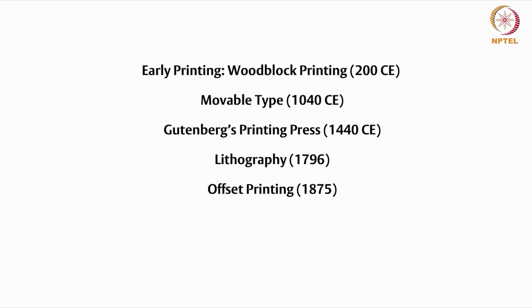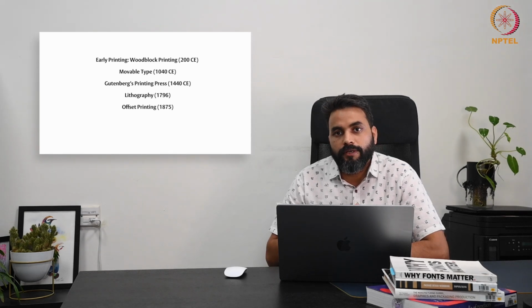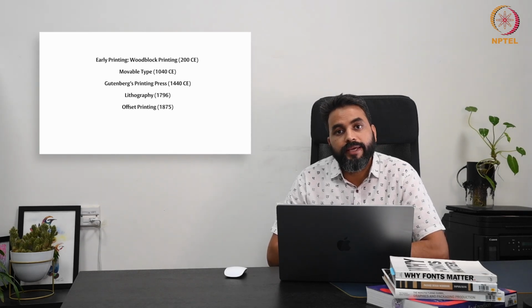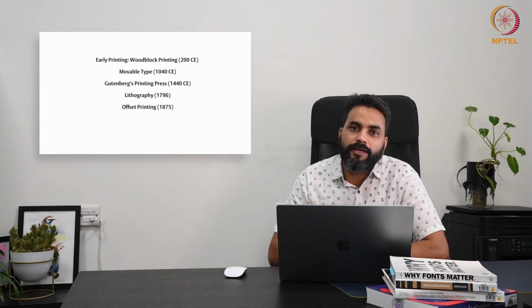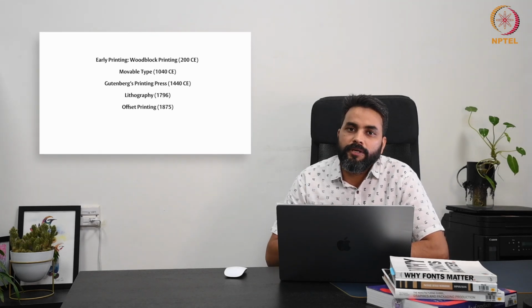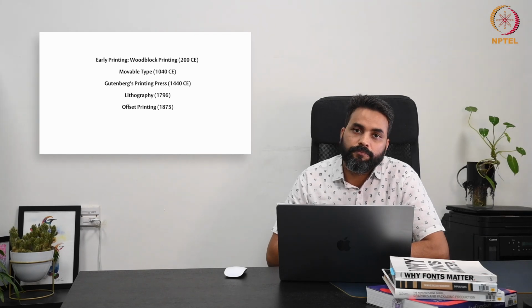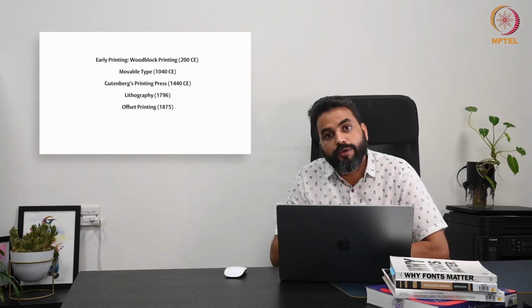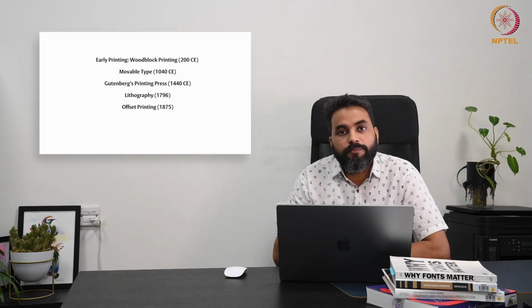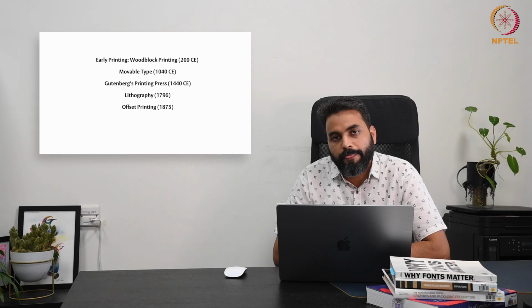The next is offset printing. It was another revolution in printing technology. It is a widely used technique where an inked image is transferred from a metal plate to a rubber blanket and then onto the printing surface, usually paper. This indirect method ensures high quality, consistent print with sharp details.